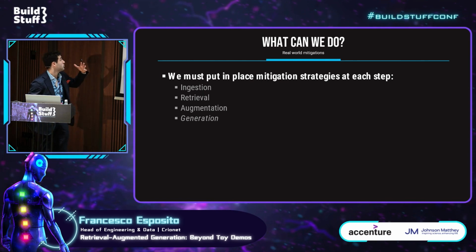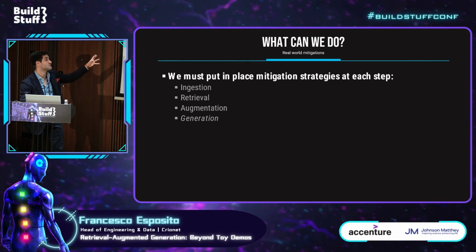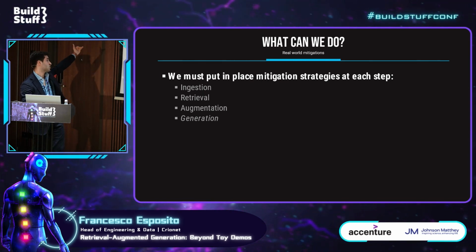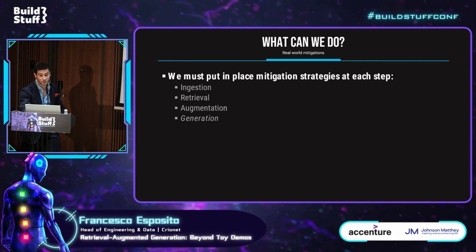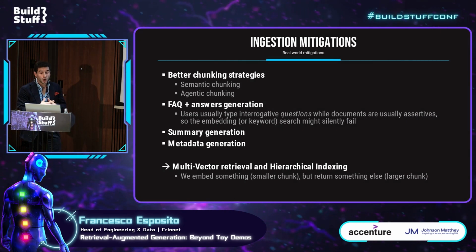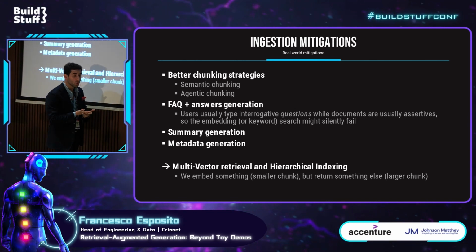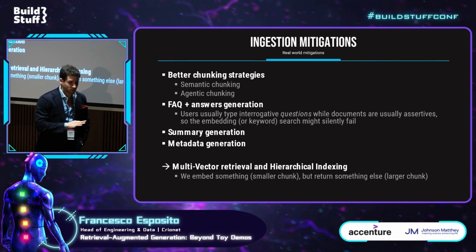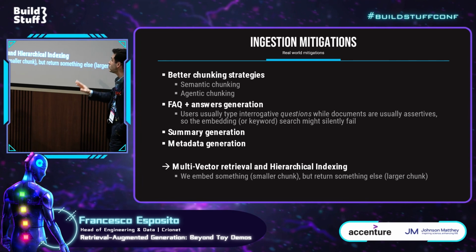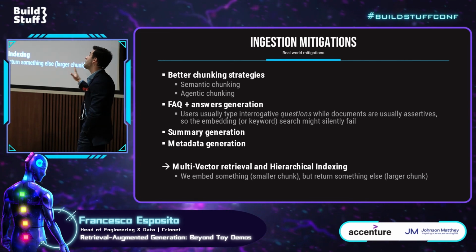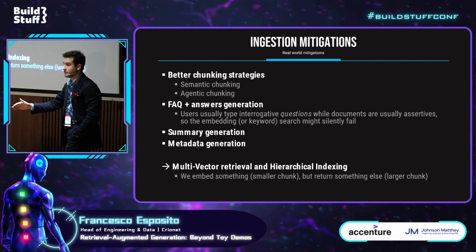So what can we do? We can implement some mitigation strategies at each step of the chain, so ingestion, retrieval, augmentation, and generation. With respect to the ingestion mitigation, the first attempt is trying to find a better chunking strategy.